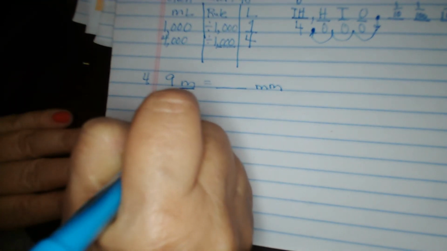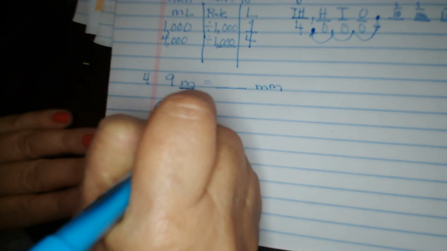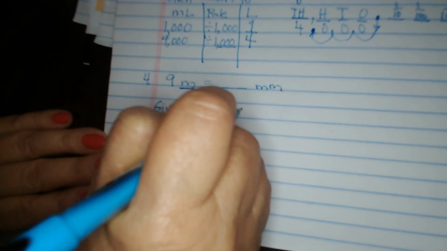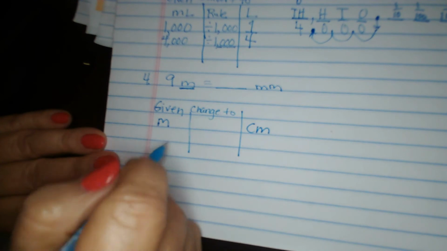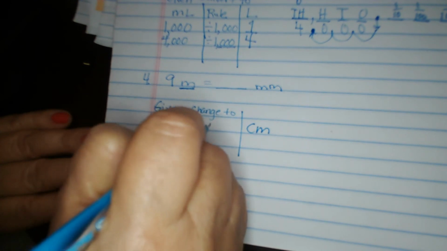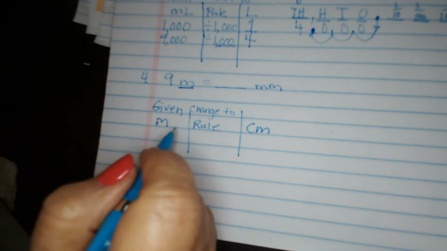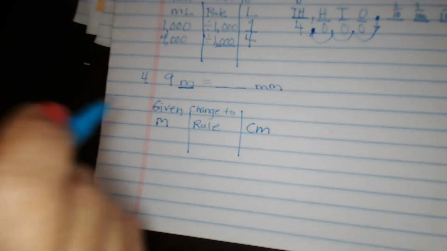So I can write up here change to centimeters. And then I have to look at my rule. For every 1 meter equals 100 centimeters. And we saw that on the meter sticks, there is a total of 100 centimeters. So we saw that today.